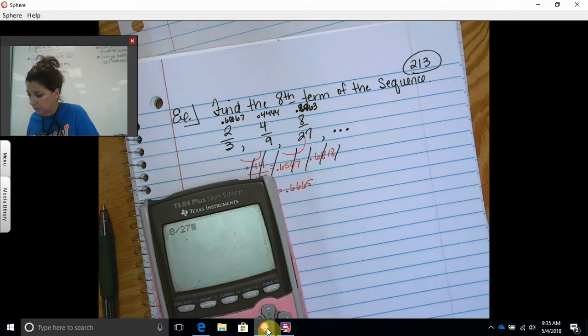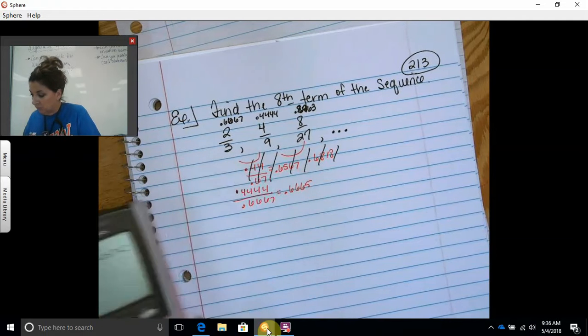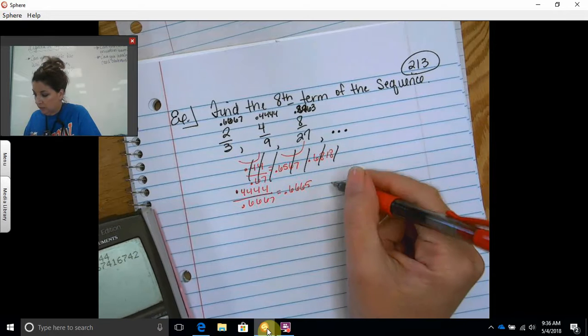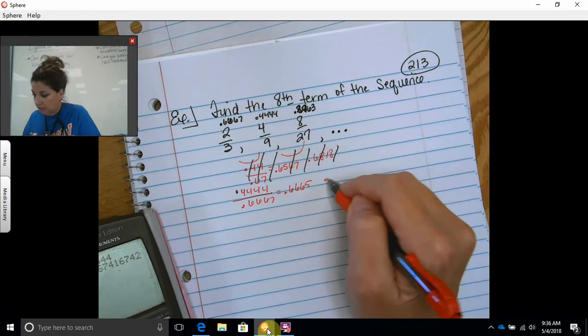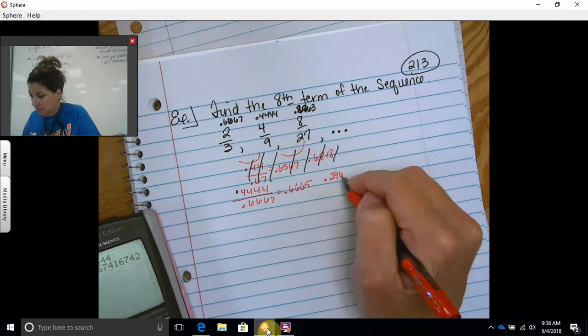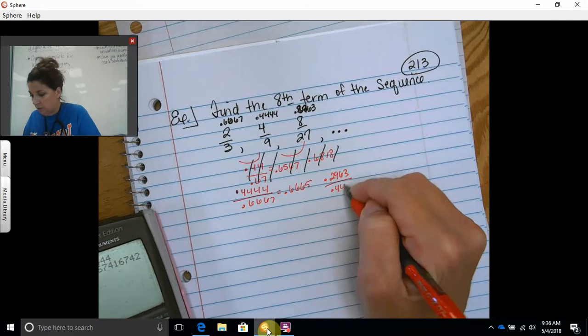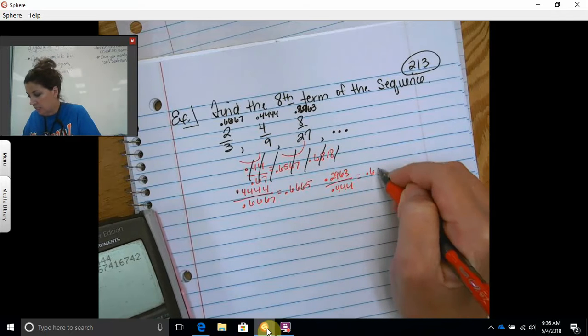And then 0.2963 divided by 0.4444 is 0.6667.